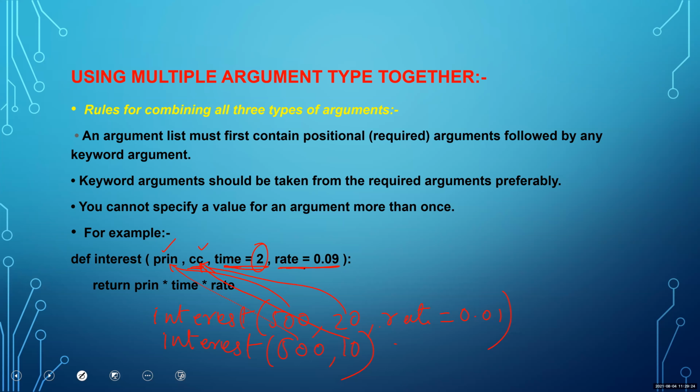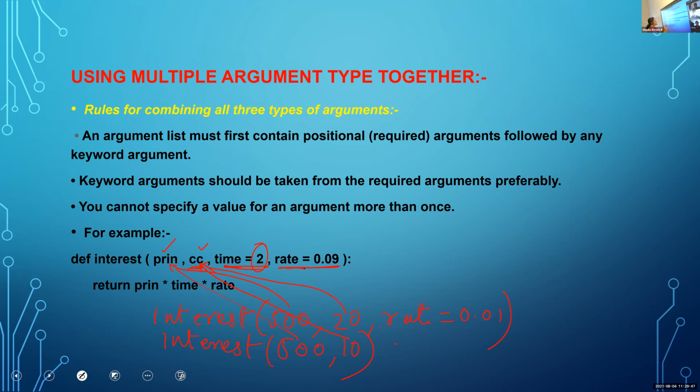Yes, ma'am. Okay. So here we are using only 2 values, but in the definition we are using 4 formal arguments. Even so, it is valid, because it is based on positional arguments. 500, the first value, is assigned to the first formal argument.